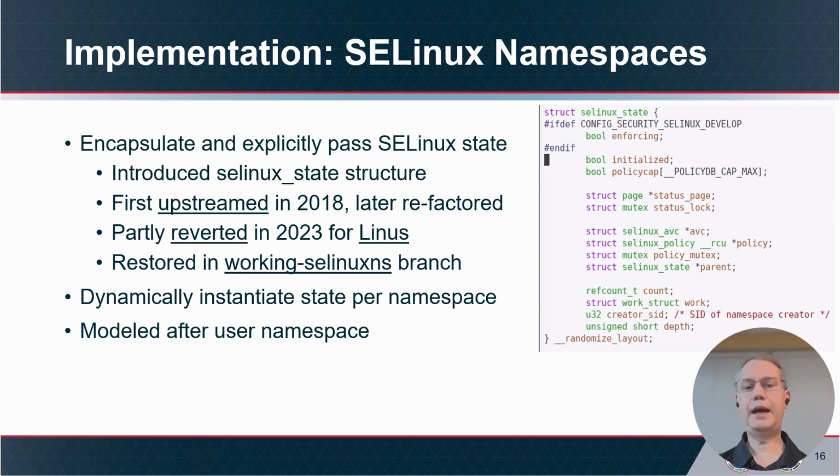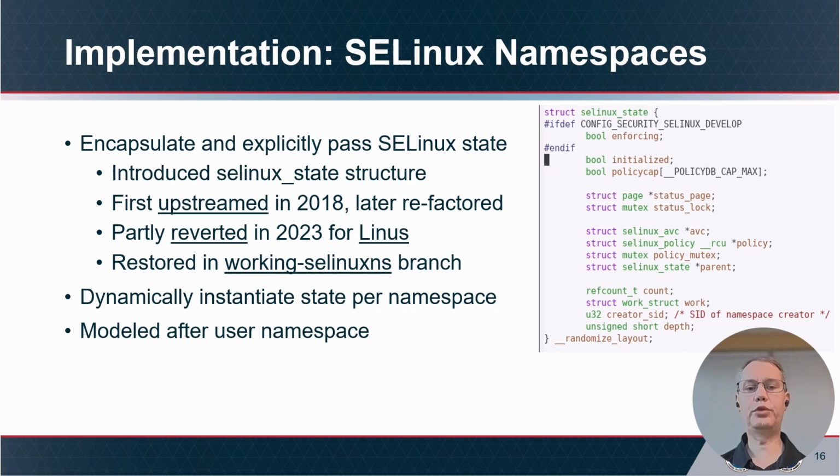However, the passing of the SELinux state structure to all of the necessary functions was reverted in 2023 based on feedback from Linus, who was concerned about overhead being imposed when there wasn't yet support for SELinux namespaces fully upstream.